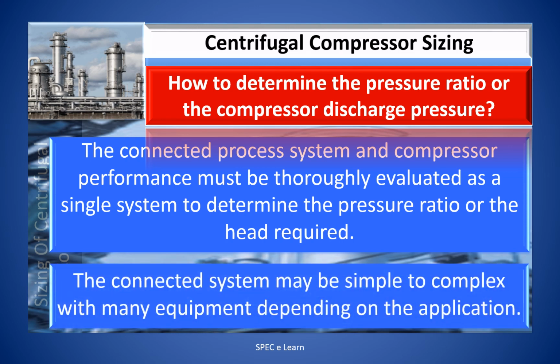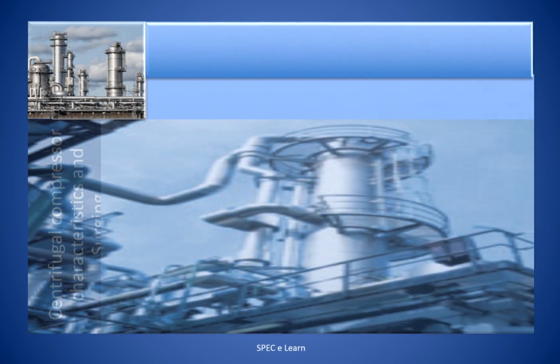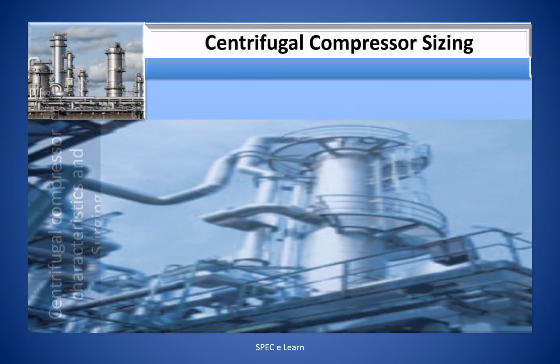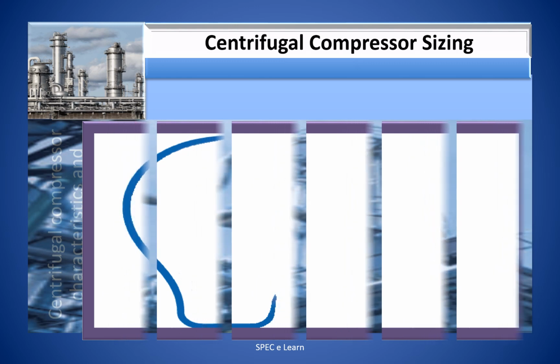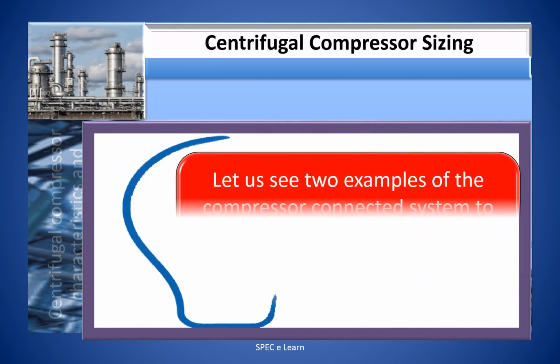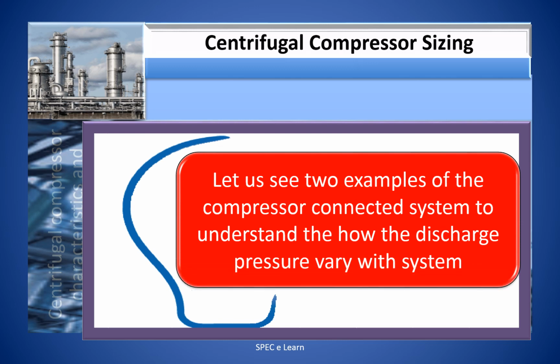The connected system may be simple to complex with many equipment depending on the application. Let us now see two examples of the compressor connected system to understand how the discharge pressure varies with the system.